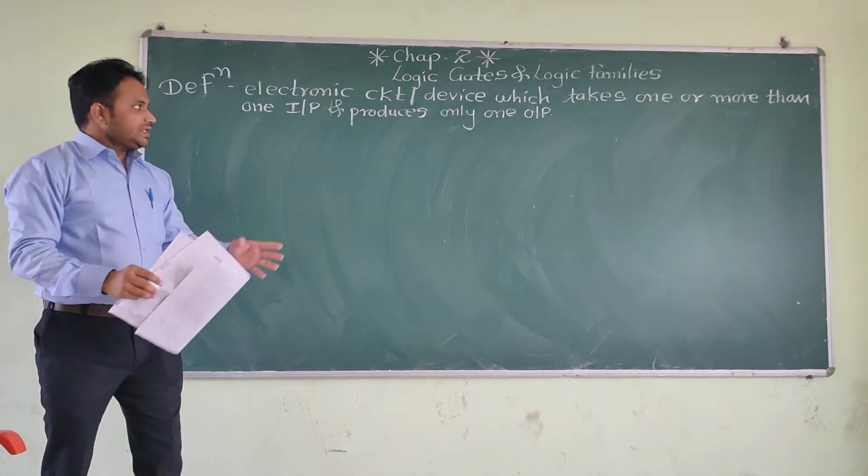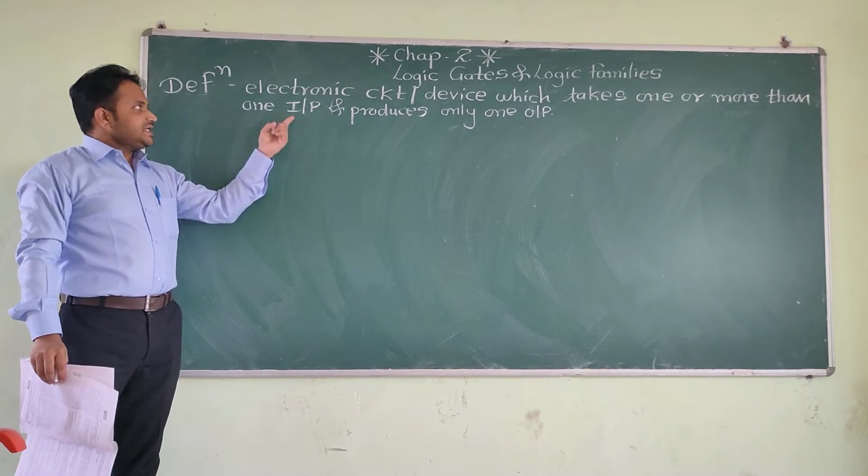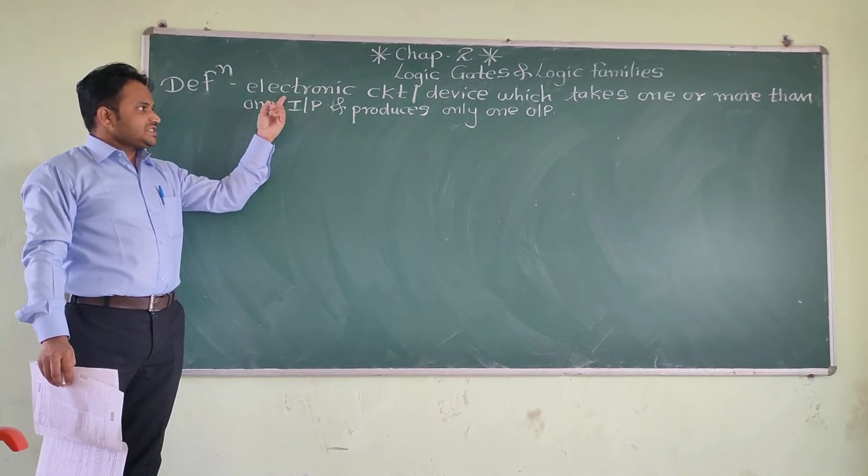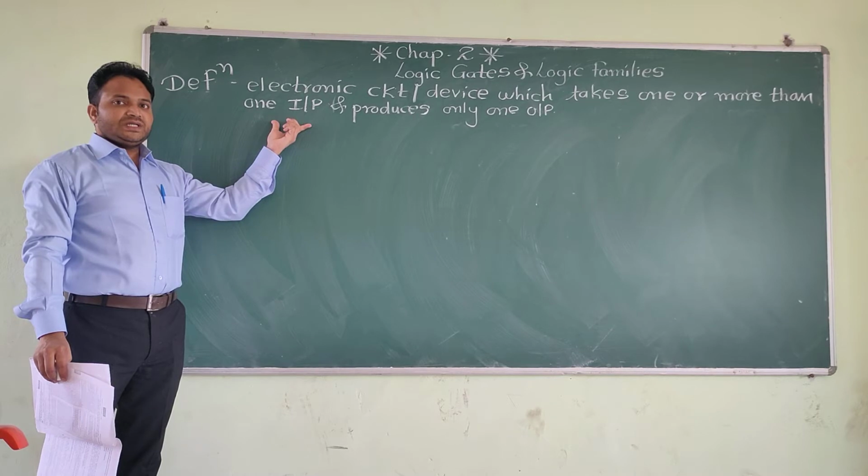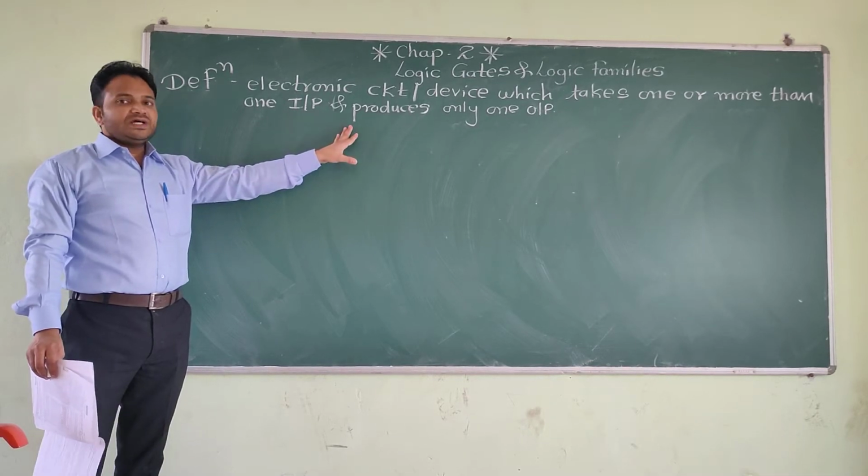So the definition of logic gate is that it is an electronic circuit or device which takes one or more than one input but produces only one output.